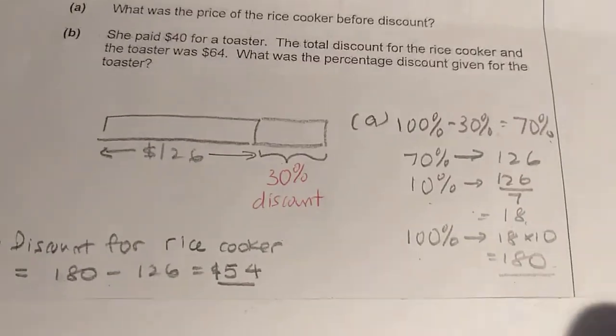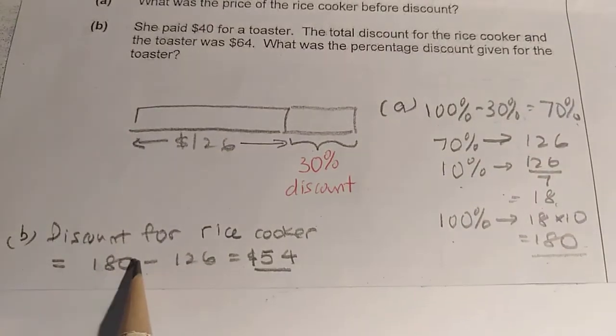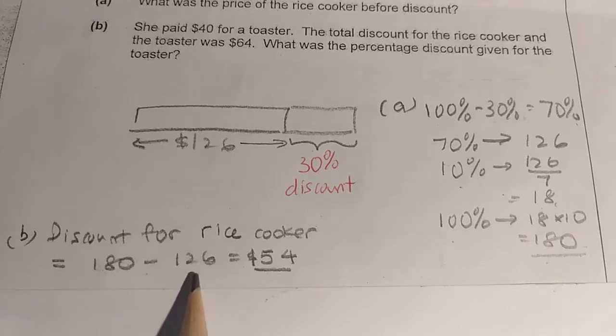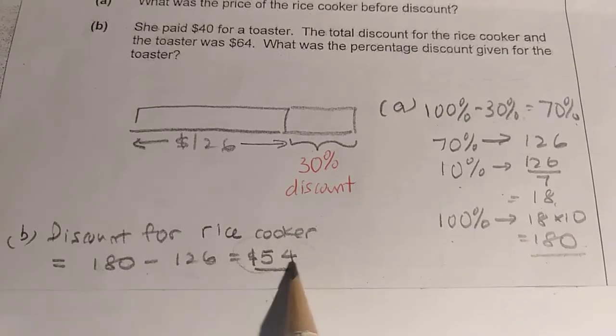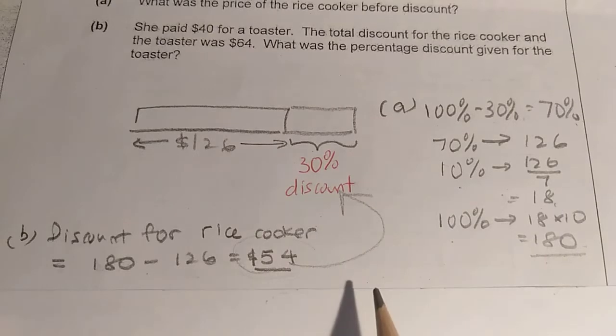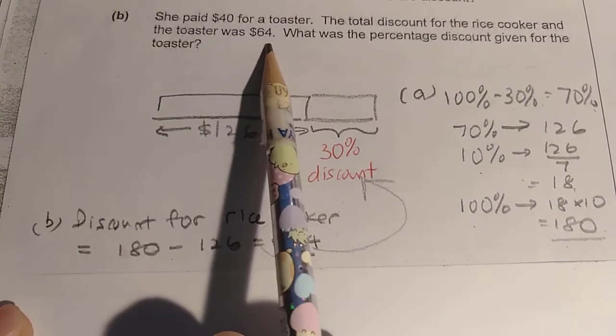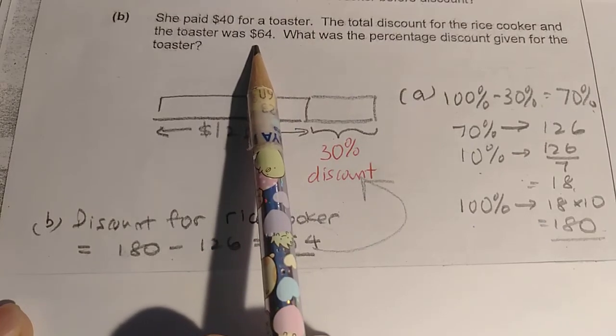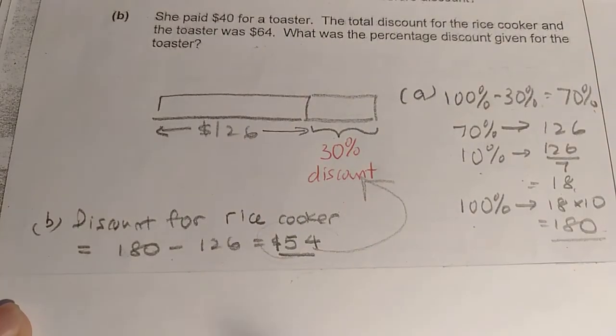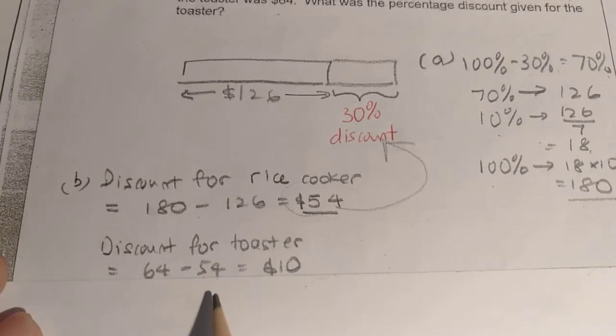Well, the discount for the rice cooker will be 180 minus 126, $54. So this is the discount for the rice cooker. Why am I finding this? Because I know the total discount for both appliances is 64. So I'm wondering what's the discount for the toaster? Well, the discount for the toaster will be 64 minus 54, and that is $10.